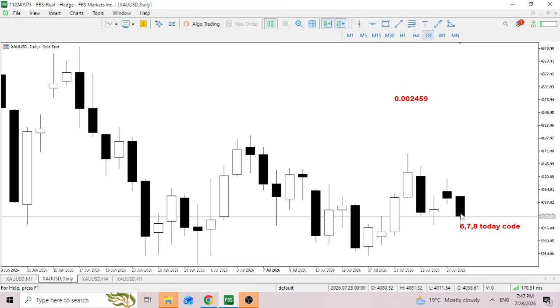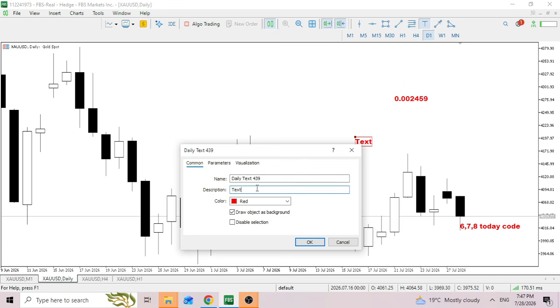Guys, now it's time for the formula. Take the opening price minus the closing price.